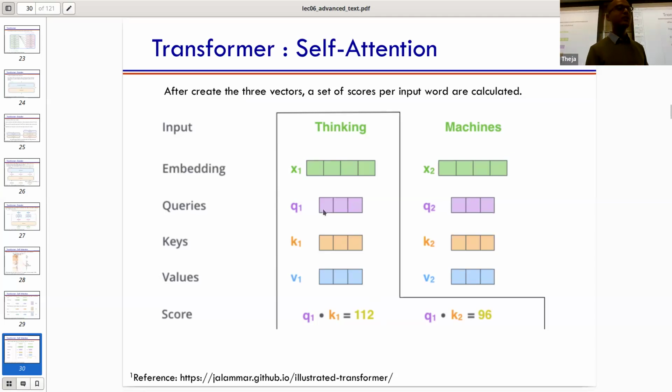All we are trying to do is use the query and keys to produce attention weights. Right now we have produced not exactly attention weights, but attention scores, which depend on the query and each of the keys. If there were 3 words, there would be q1 times k3 as well. So we get some numbers, 112 and 96.